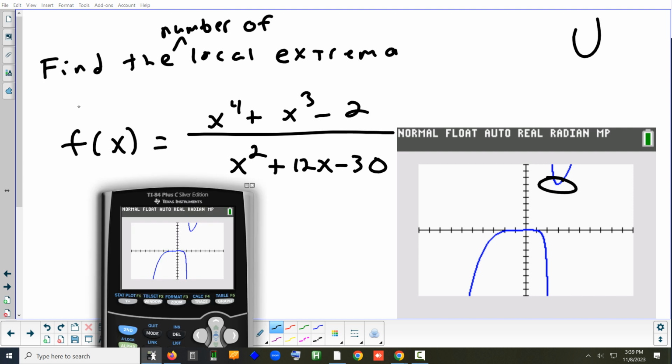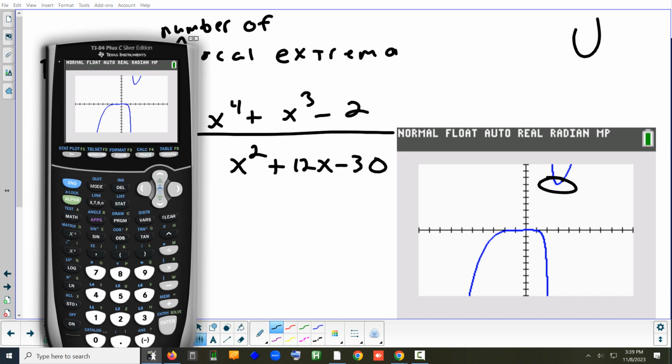Okay, before I zoom in, I'm going to set my Ymax higher. I'm going to set my Ymax to 40. I'm going to set my Xmin. I'm going to try negative 20.